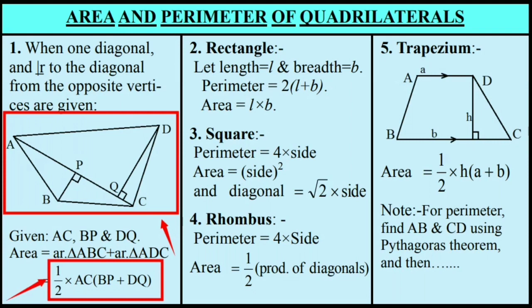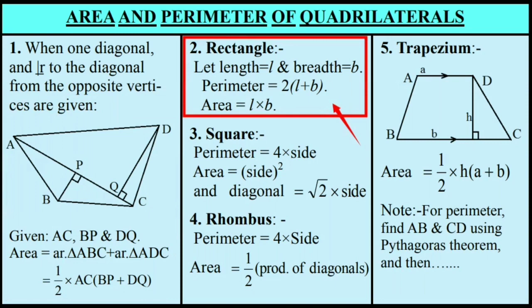For triangle ABC, base is AC and height is BP, and for triangle ADC, base is again AC and height is DQ. The area of the quadrilateral ABCD is half multiplied by AC multiplied by the sum of BP and DQ.